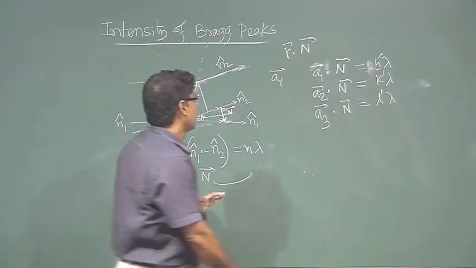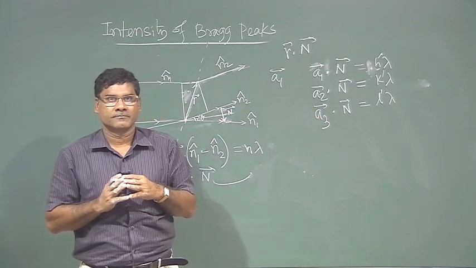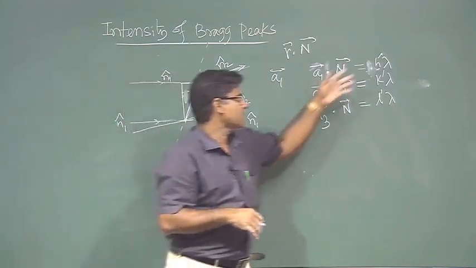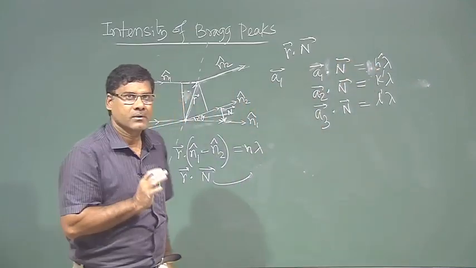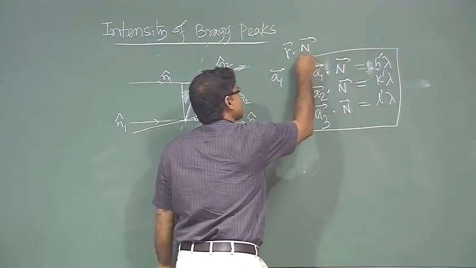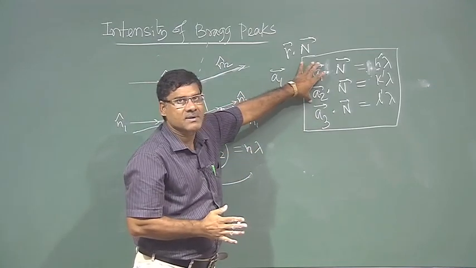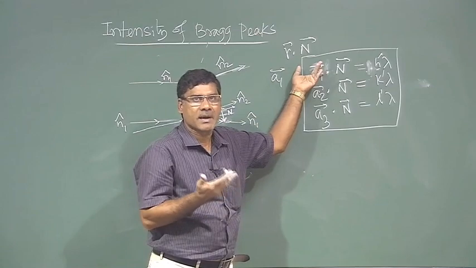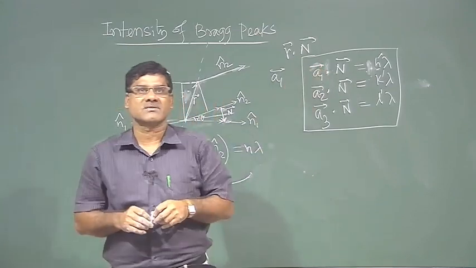Now, for 3 dimensions I will get constructive diffraction, or a Bragg peak, when these 3 are satisfied together. If it is 2 dimensions, these 2 have to be satisfied. If it is 1 dimension, when only this one is satisfied I will get it. For 3 dimensions, these 3 conditions have to be satisfied.